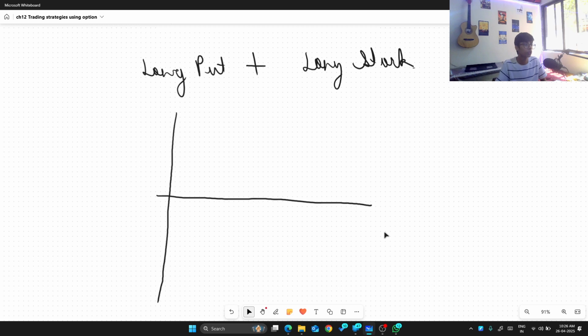Long put. This is K, and our long put starts here, and then we go here, right?